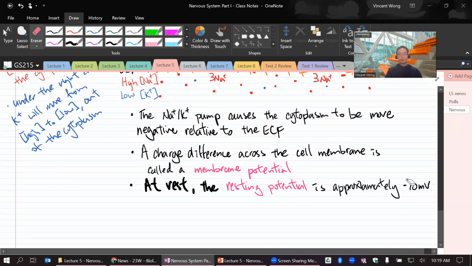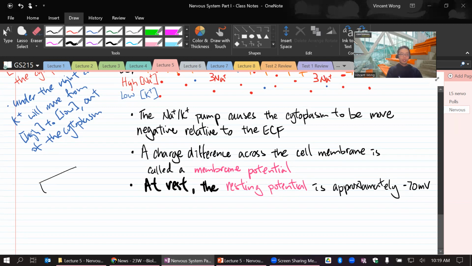Just to help you picture what this is, you know your standard AA battery? Anybody know how much voltage that thing has? It says on the battery. I'm just curious if anyone knows. No? Yeah, exactly, 1.5 volts.